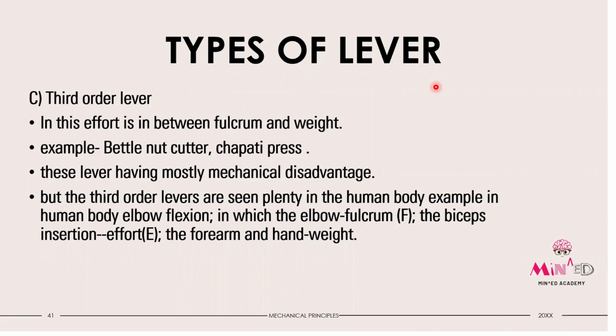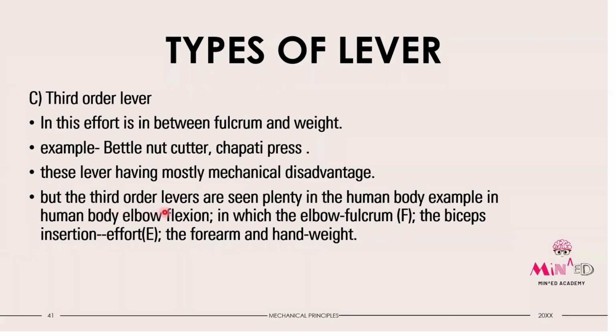In this, effort is always in between the fulcrum and the weight. Examples are the betel nut cutter and the chapati presser. Here we will always have a mechanical advantage less than 1, so it provides a mechanical disadvantage. And it is called the lever of speed.